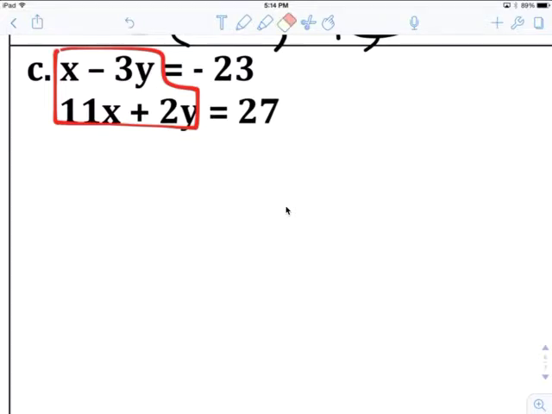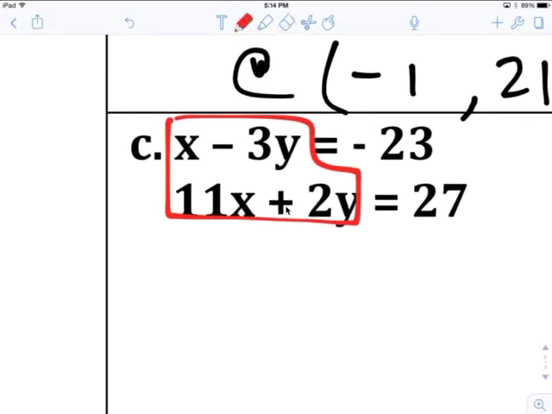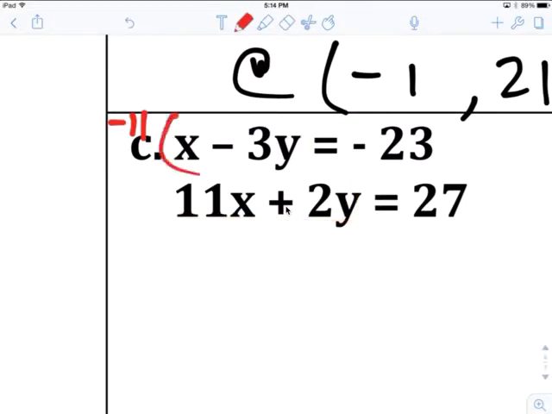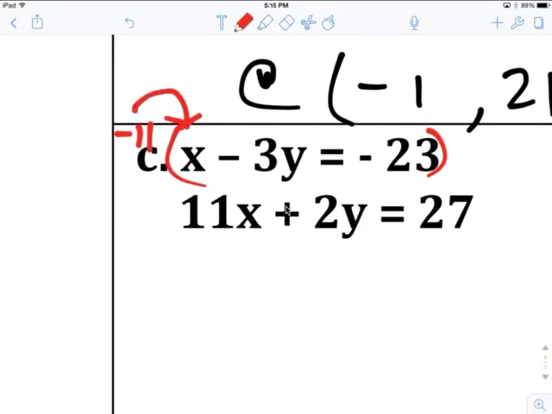I'm going to get rid of the 11, the X, because all I have to do is multiply this by negative 11 to get negative 11x. So I'm just going to do that. Multiply it by negative 11. That to that is negative 11x.